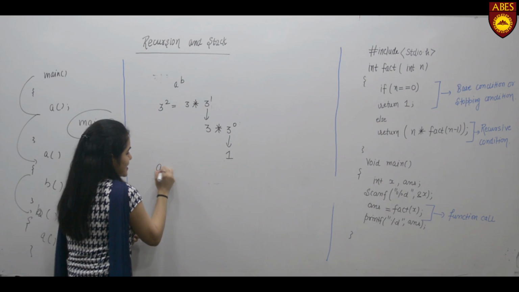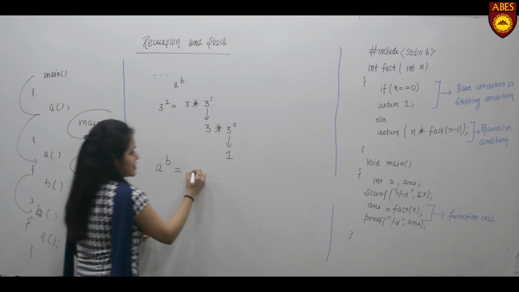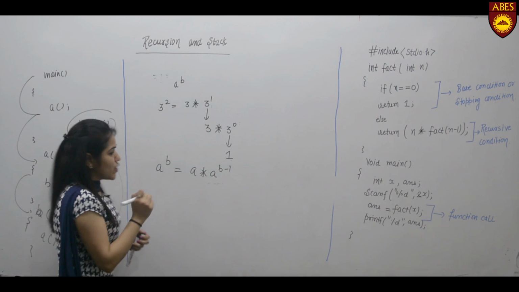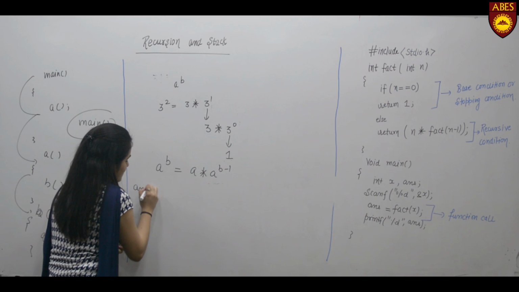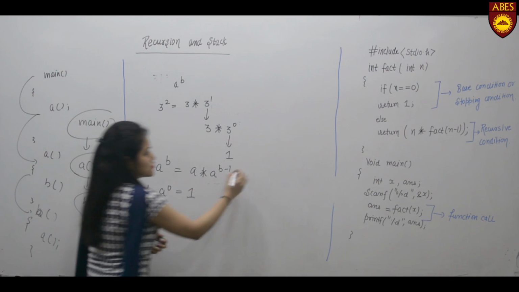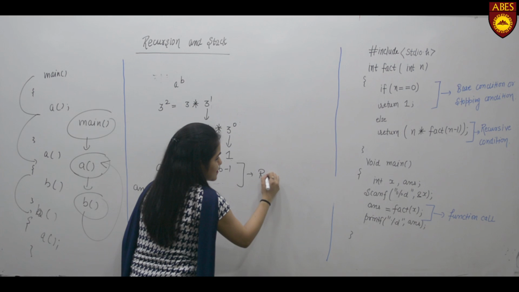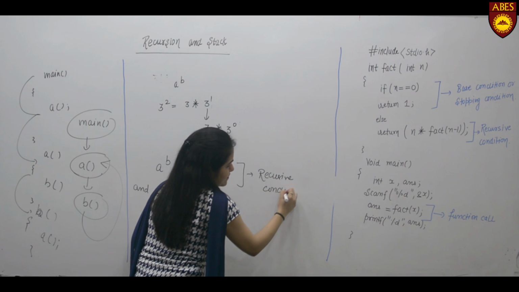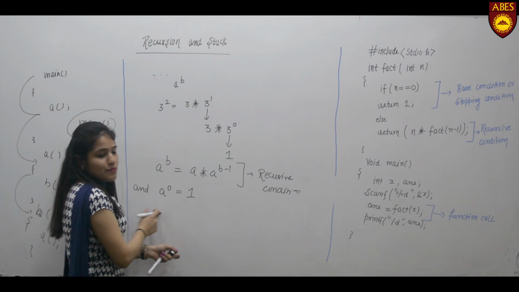So we can write it like that: a raised to power b is a into a raised to power (b minus 1), and a raised to power 0 is 1. So this is our recursive condition. And this is our base condition.